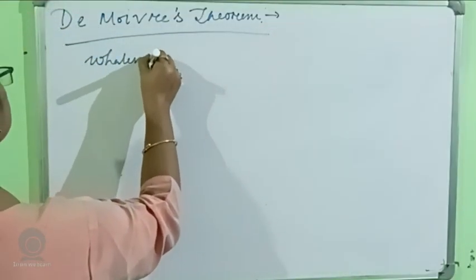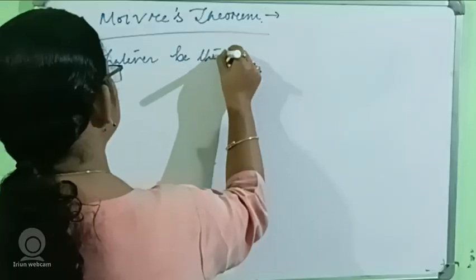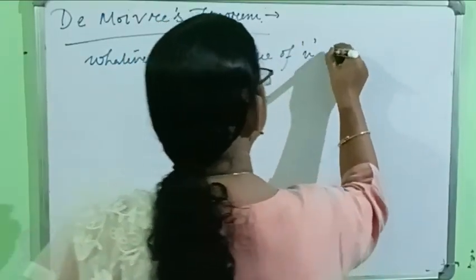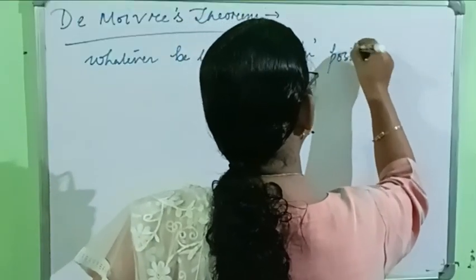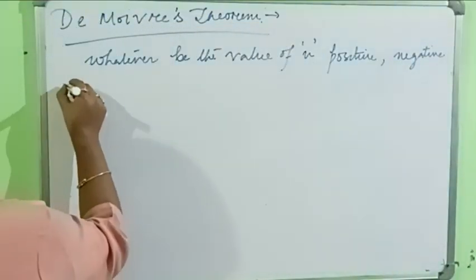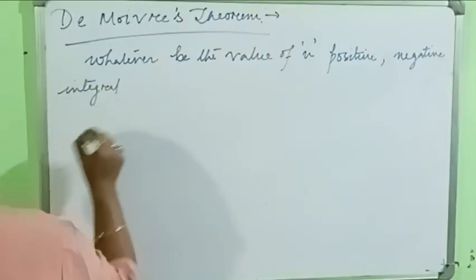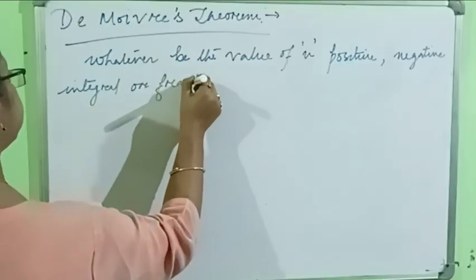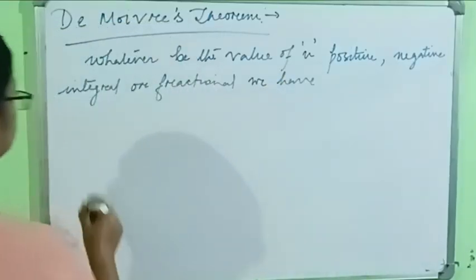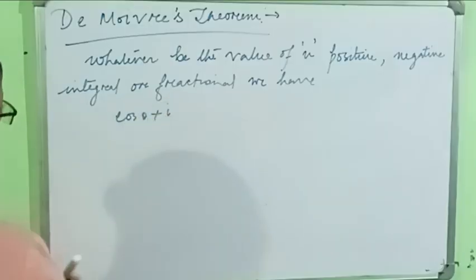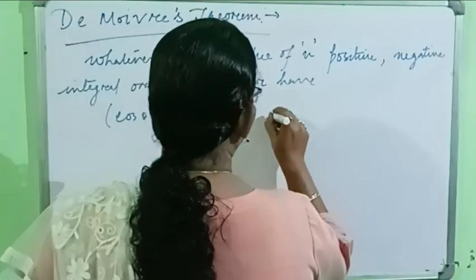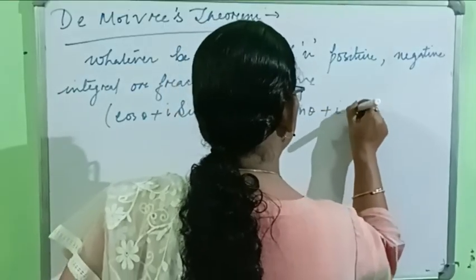Whatever be the value of n, positive, negative, integral or fractional, we have (cos theta plus i sin theta) to the power n equals cos n theta plus i sin n theta.